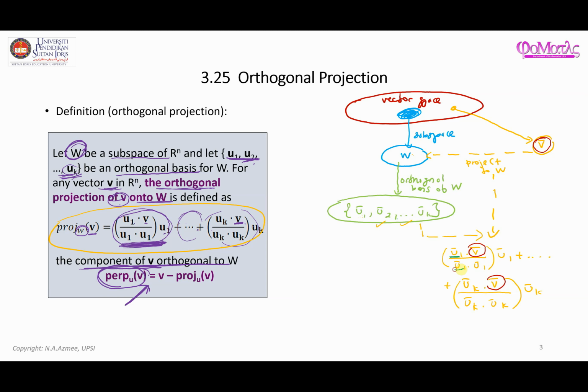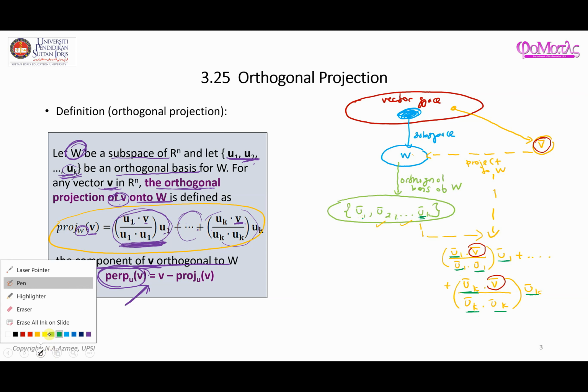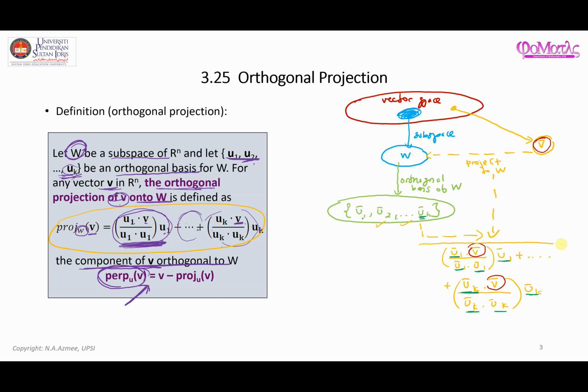For example, u1 comes directly from this vector in the orthogonal basis, and similarly uk comes from this orthogonal basis of W. Okay, so that's the idea, and the result here has a name. It is called the projection of this vector onto the subspace W.